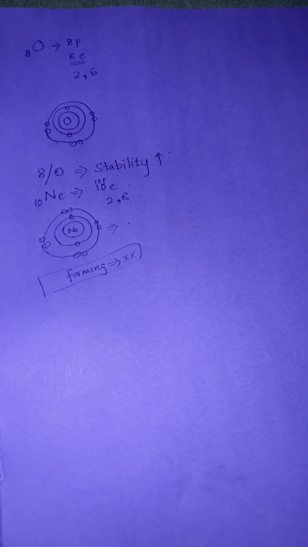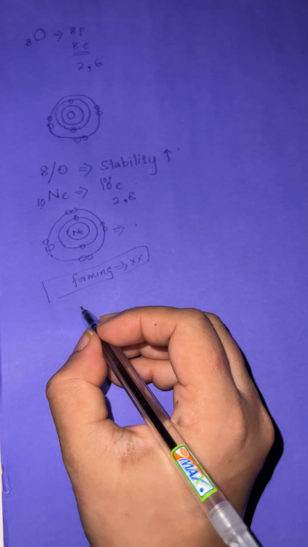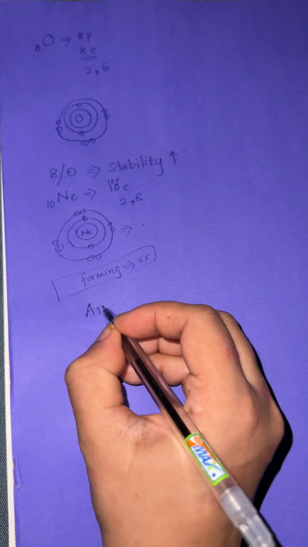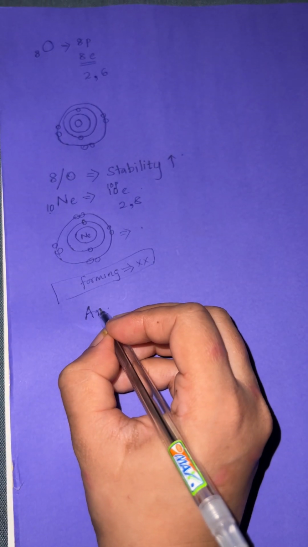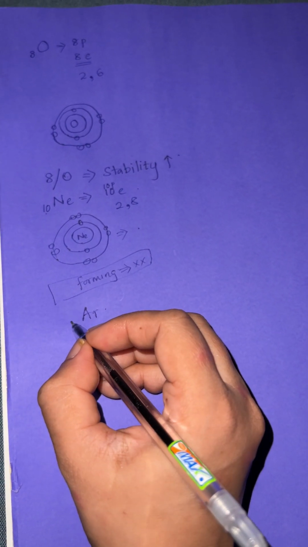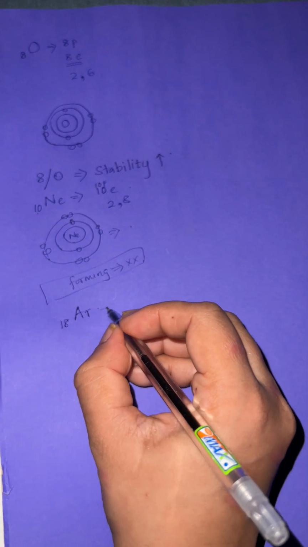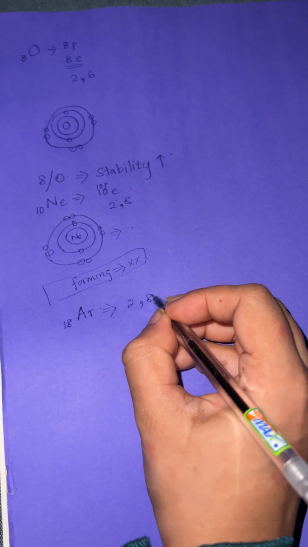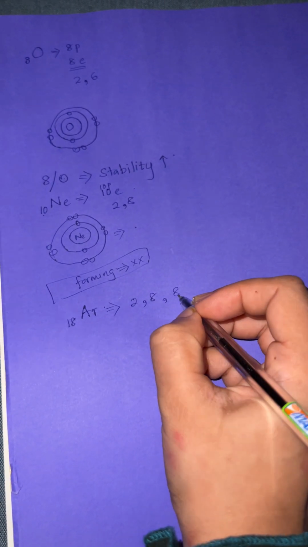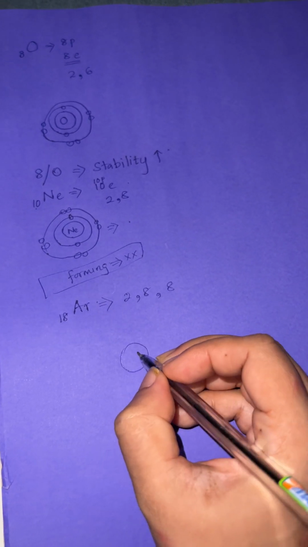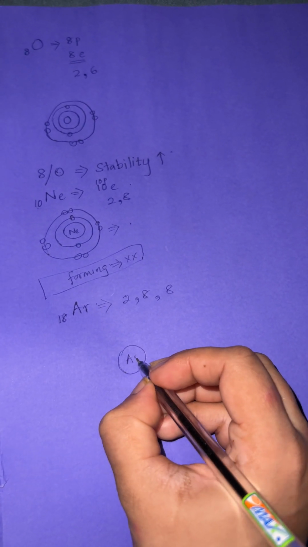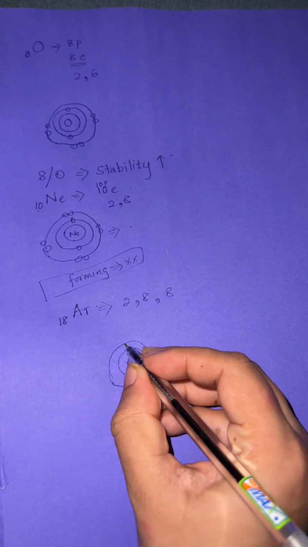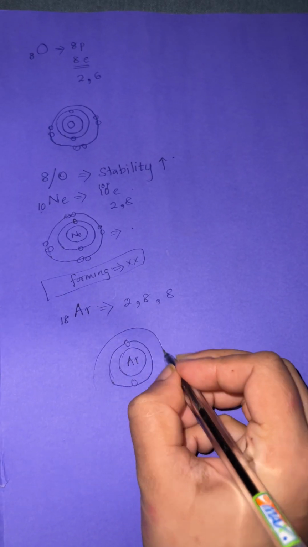Let's consider argon also. Argon is 18, so the electron configuration will be 2, 8, that is 10, and the next orbit would be 8. I am drawing very quickly.